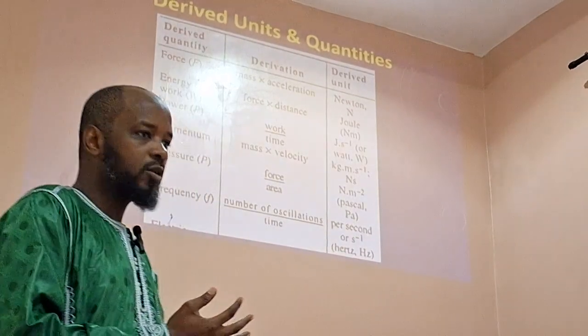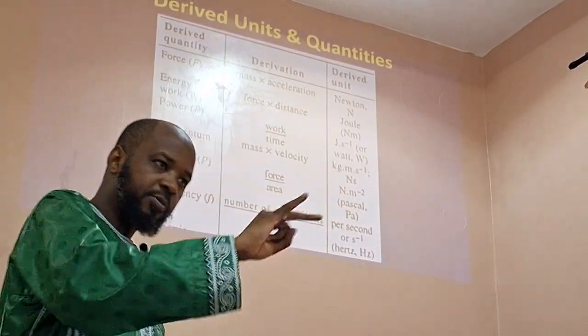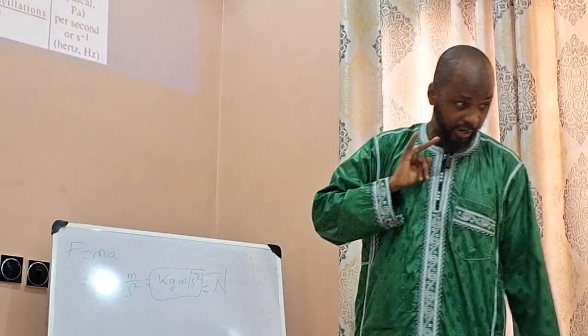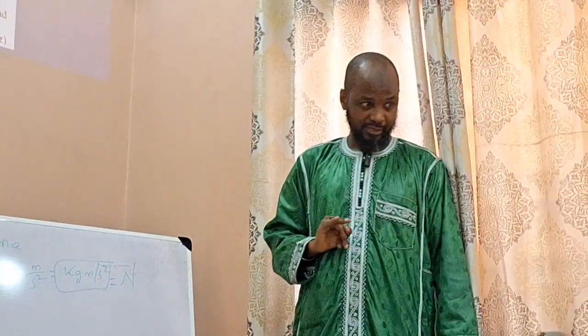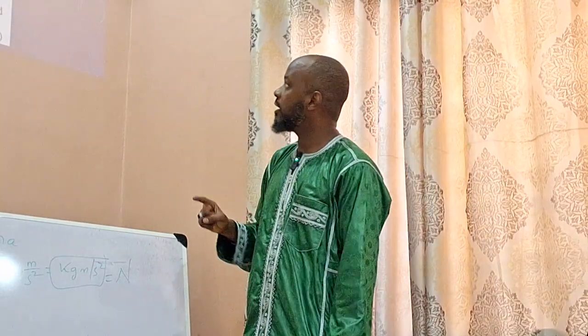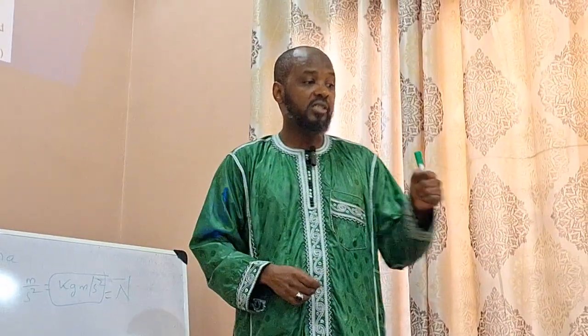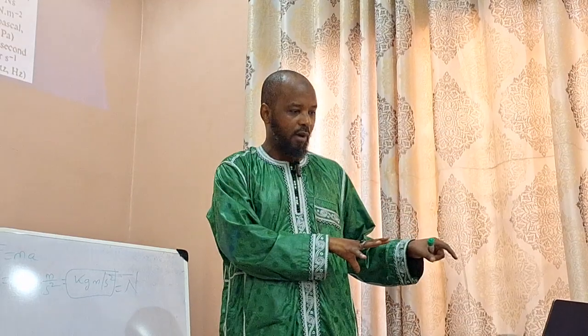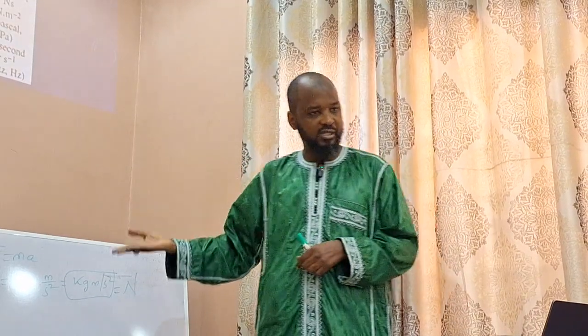So energy or work can be represented in two ways, either joule or Newton meter, and both are used. Then power, joule per second or watt. Usually watt is used, but sometimes you can see joule per second. They all represent power, and they are all derived quantities.